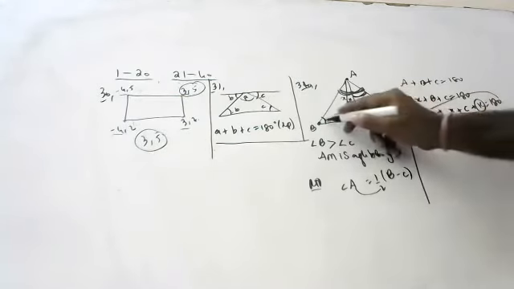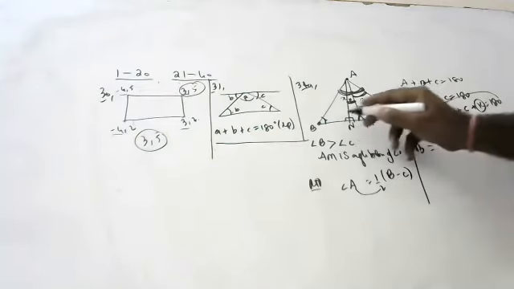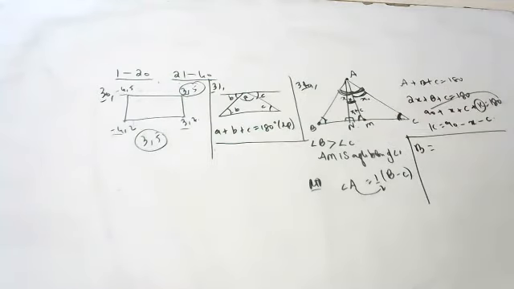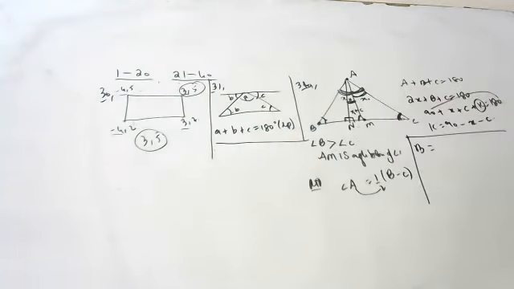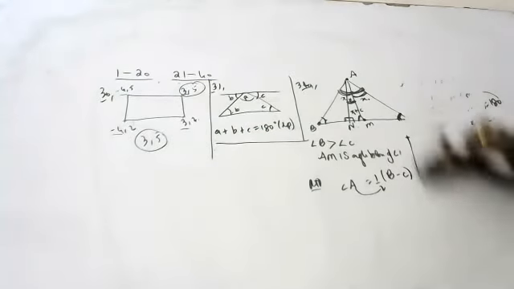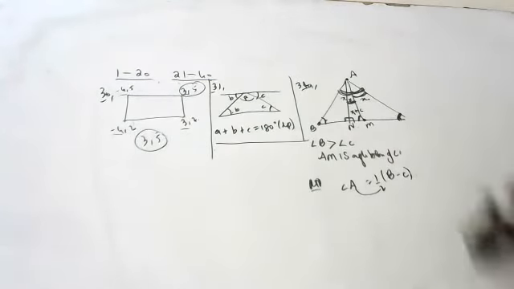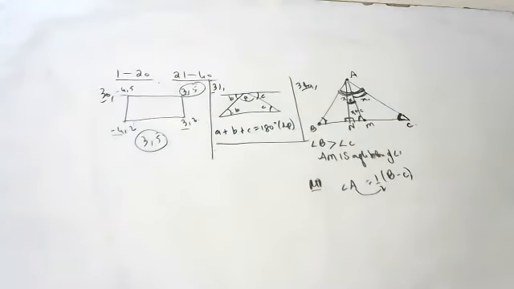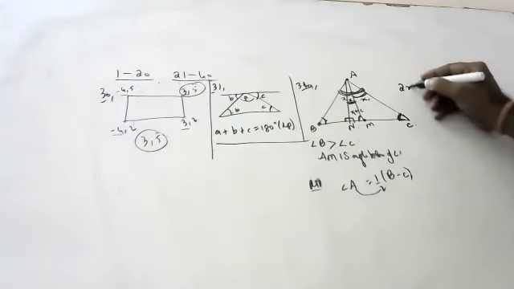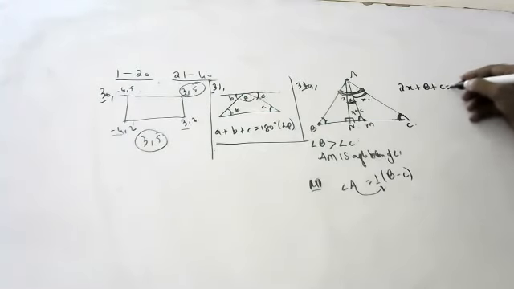Now children, what is angle B? Angle B is equal to this angle. This is 90 degrees. So the exterior angle is also not coming, children. How shall we go ahead? It's not coming in this also. 2x plus B plus C is equal to 180 degrees.